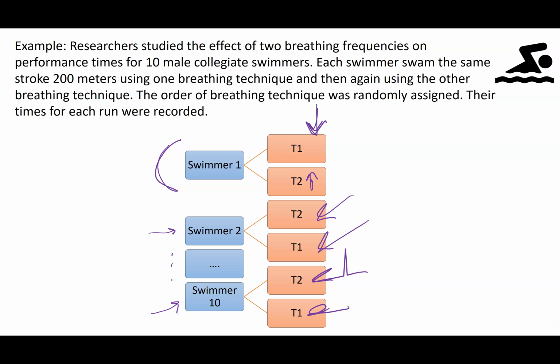They put ink on my left arm, and then they put a different ink on my right arm, and they recorded whatever it was they were looking for. So that's another example of a matched pair, where they can reasonably assume my skin would react similarly to the skin on my other arm. So you keep them matched or paired.